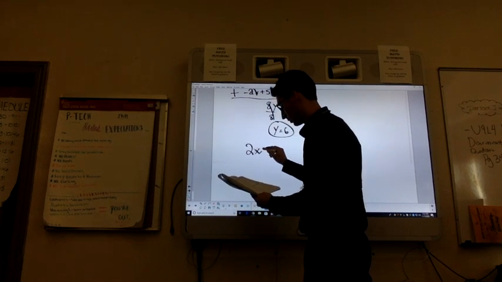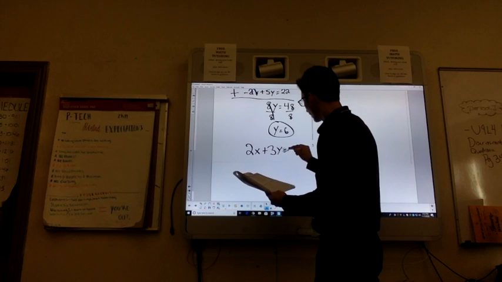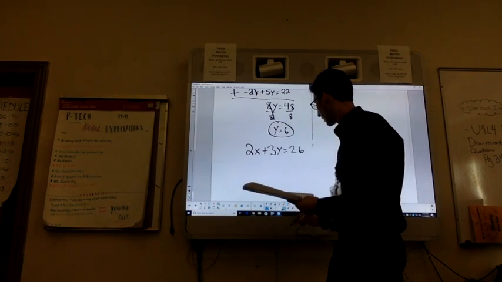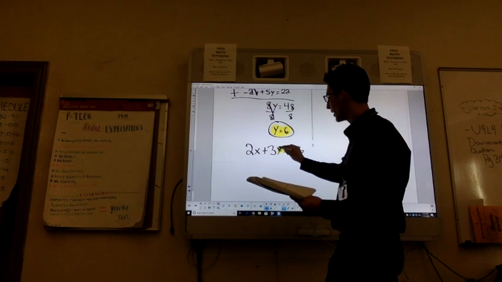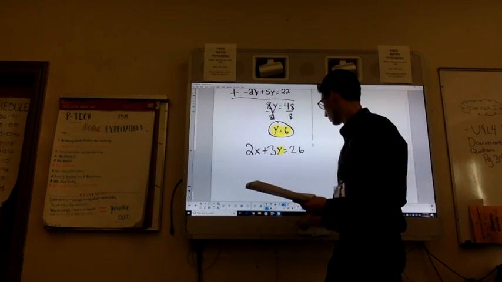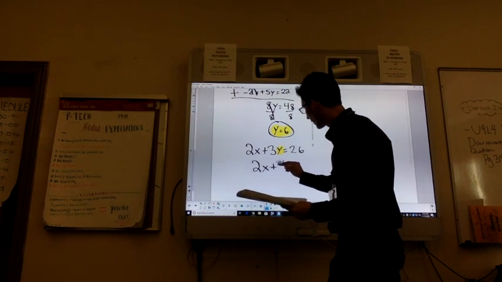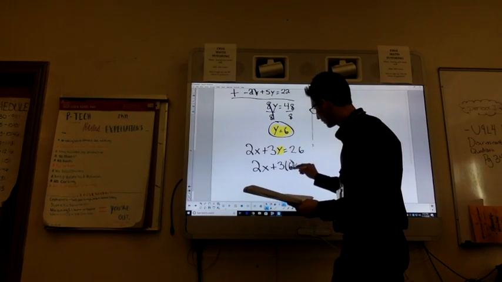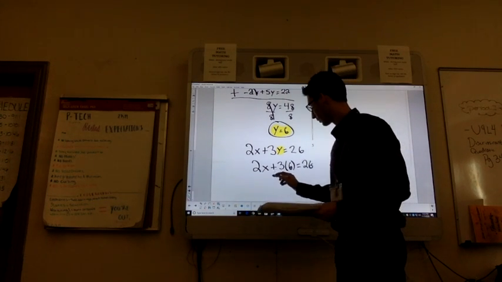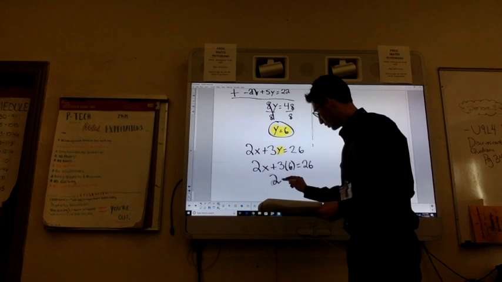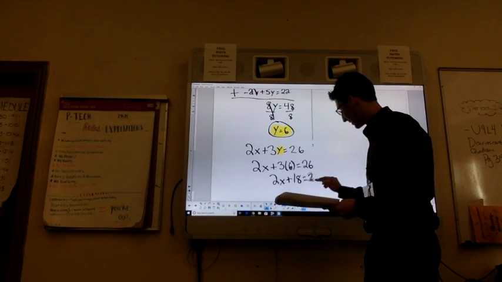2x plus 3y equals 26. I now know that y equals 6, so I can substitute that in for y. So I'm going to have 2x plus 3 times 6 equals 26. 2x plus 18 equals 26.